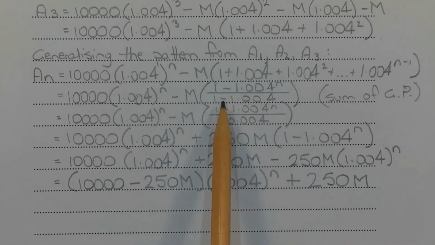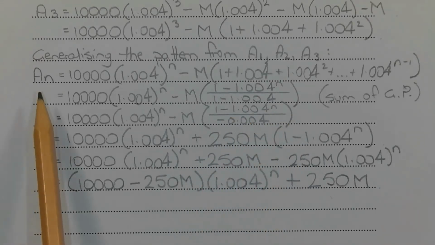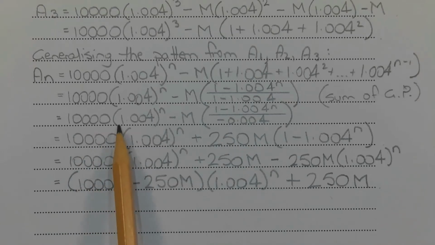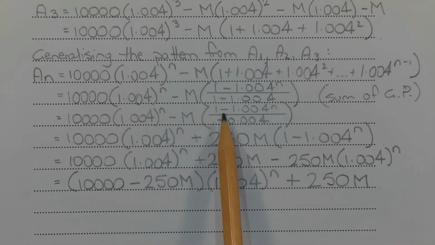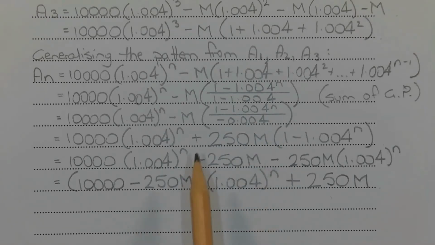Now we can evaluate the denominator. 1 minus 1.004 is negative 0.004. So AN is equal to 10,000 times 1.004 to the power of n minus M outside of (1 minus 1.004 to the power of n) over negative 0.004. Now we have a negative times a negative, and we're dividing by this small decimal.